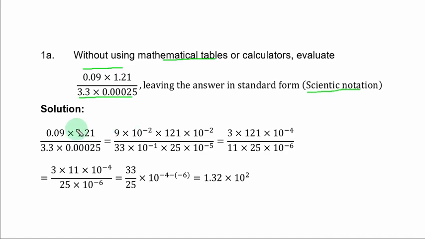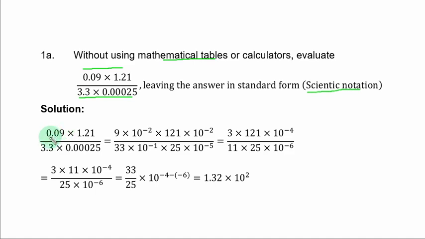Solution: since you are asked not to use tables or calculator, the best option here is to express the decimal number as a whole number. Then you try to multiply, reduce, and divide, and leave your answer in standard form.